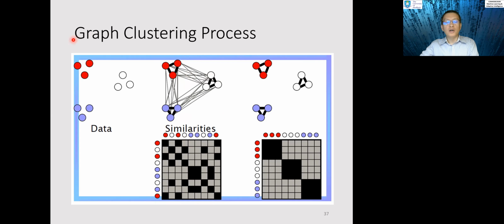And then the objective of graph clustering is to separate these nodes into different clusters. After the separation, the nodes can be sorted into different clusters. And if we have the similarity matrix ordered by the clusters, they will form these nice squares, checkerboards.